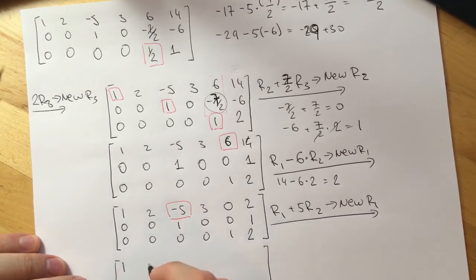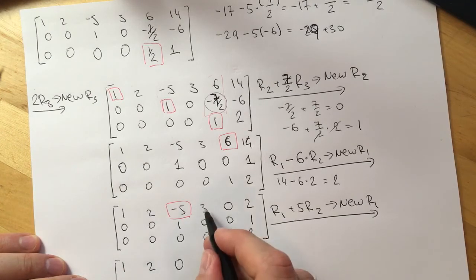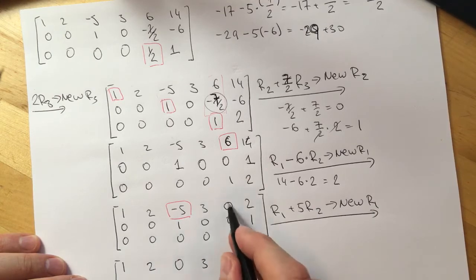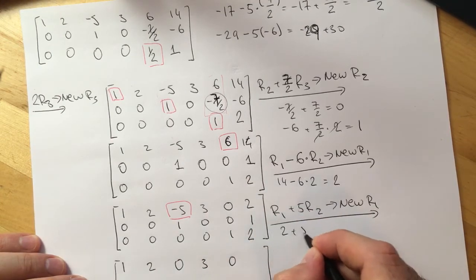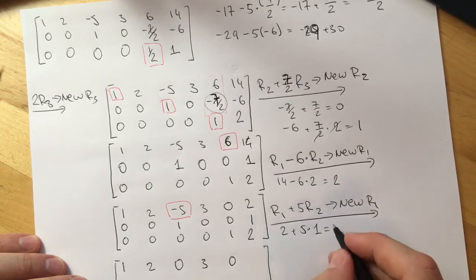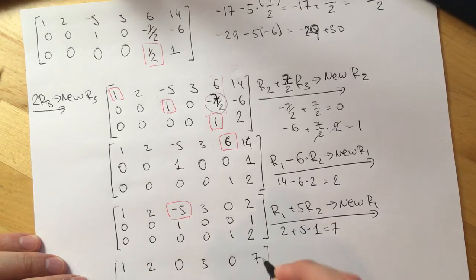So you have 1, 2, negative 5 plus 5 times 1, negative 5 plus 5, that's 0. 3 plus 0 is 3, 0 plus 0 is 0, and here I have another change. 2 plus 5 times 1, that's equal to 5 plus 2, which is 7. And then just copy the other two rows.